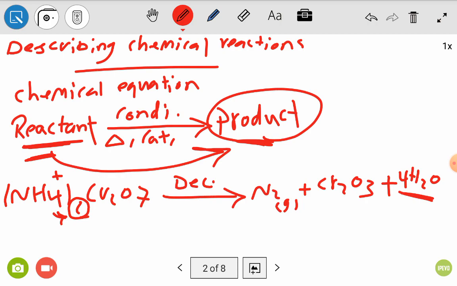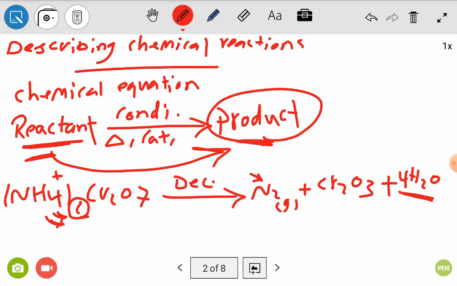For those who didn't get it, the nitrogen was 2 atoms, and in the product we got the 2 nitrogen atoms in the form of a molecule forming nitrogen gas. What remains here is 4 hydrogen molecules, and don't forget that part.